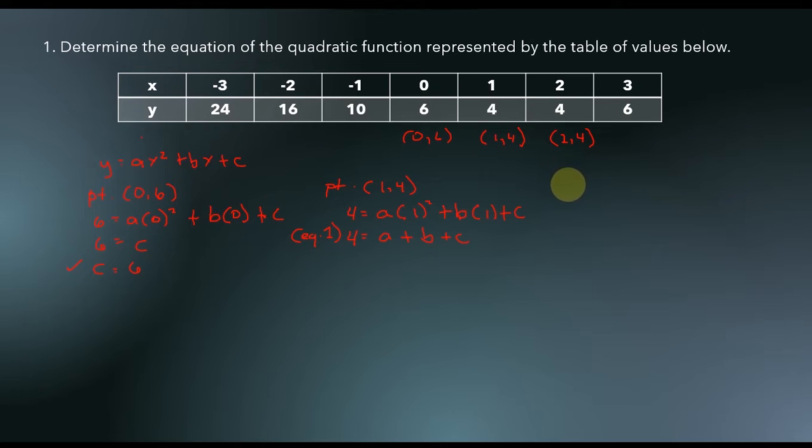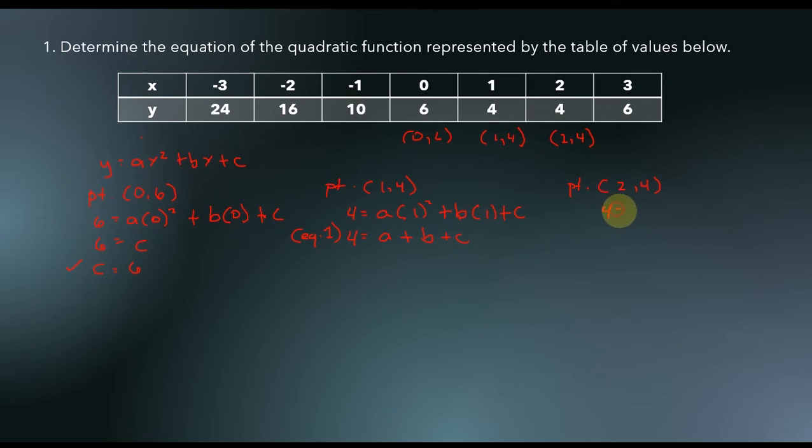Next, let's go with point (2, 4). Then let's go with substitution. The x value is 2, the y value is 4.